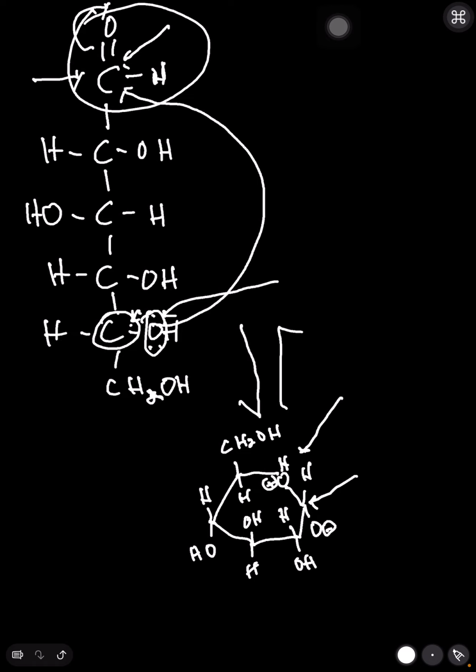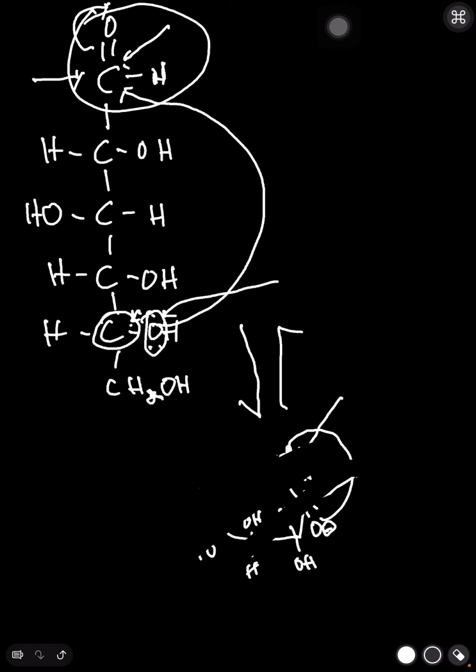Then you have a negative O and you have a positive O. That can be fixed really easily by having this oxygen grab a proton from the positive one. All right, so when all is said and done, when I erase this, I'm going to draw the final cyclic product.